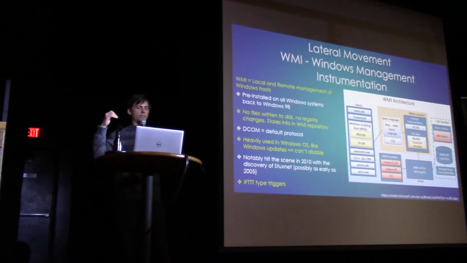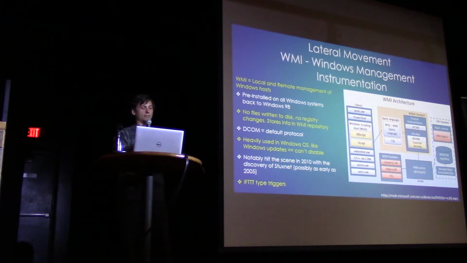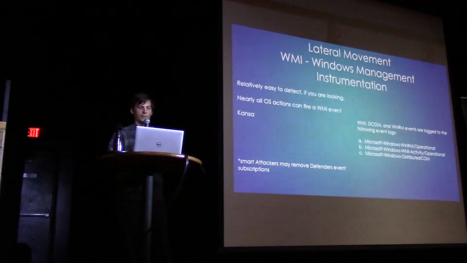It works with a lot of if-this-then-that type of triggers. It bases a lot of stuff off events that occur, and if this event occurs, it'll fire something. There's a whole architecture that I'm not even fully sure how all that works underneath. I just know the tools, and if you use WMI, no one's really looking at that stuff.